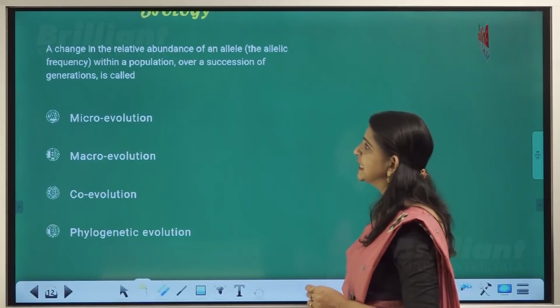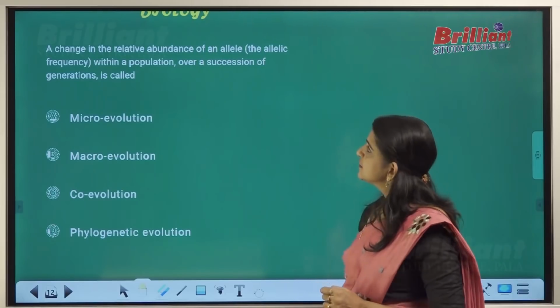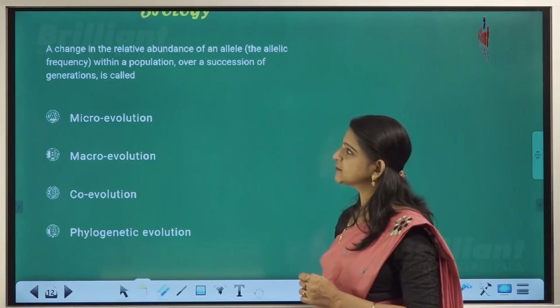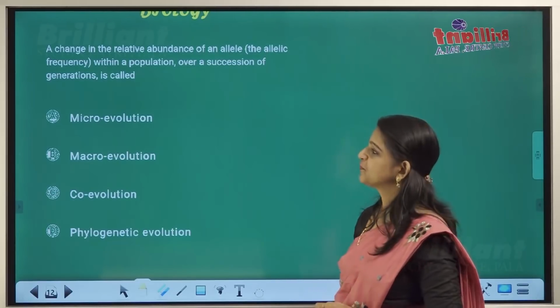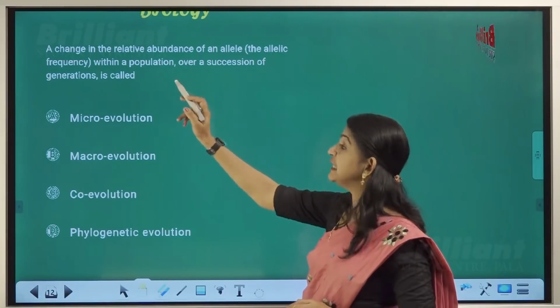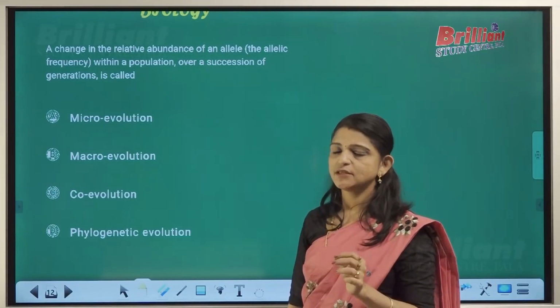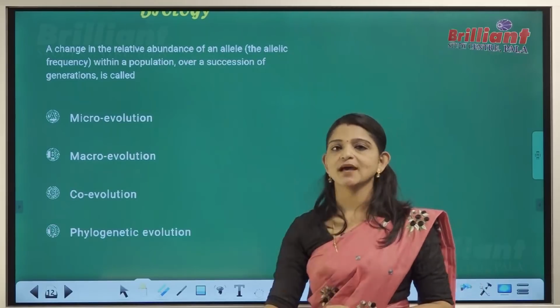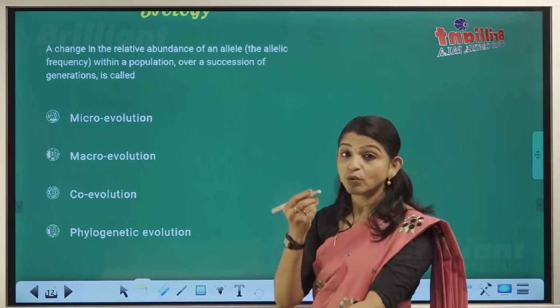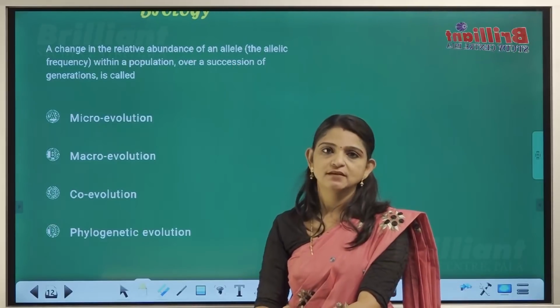A change in the relative abundance of an allele, that is the allelic frequency, within a population over a succession of generations is called. They are telling a relative abundance of an allele, that is allelic frequency. Just imagine that when evolution happens, the change occurs only in an allele or in an allelic frequency.